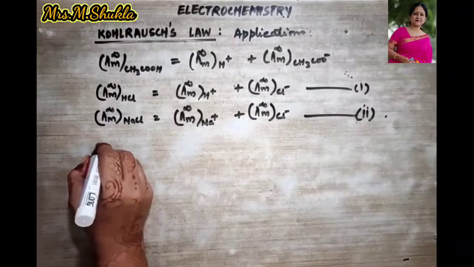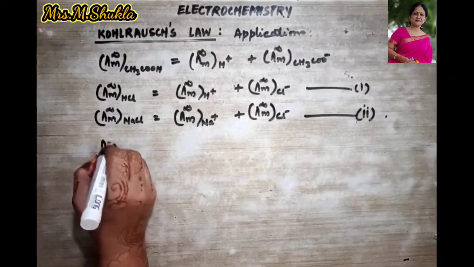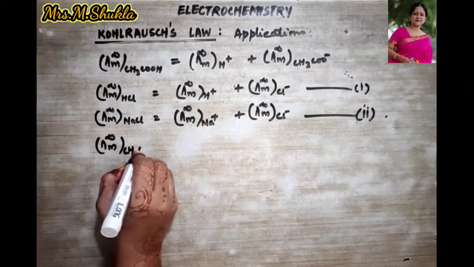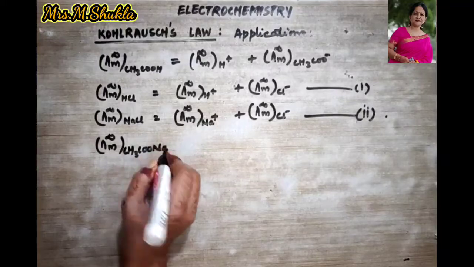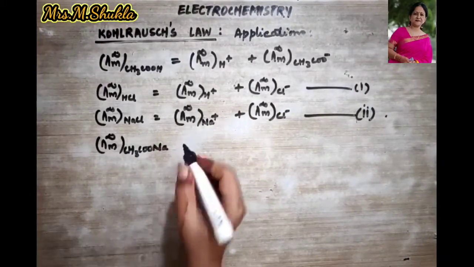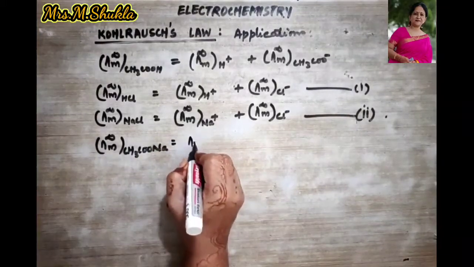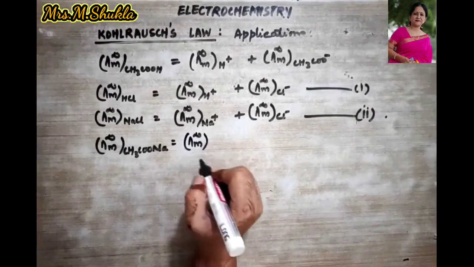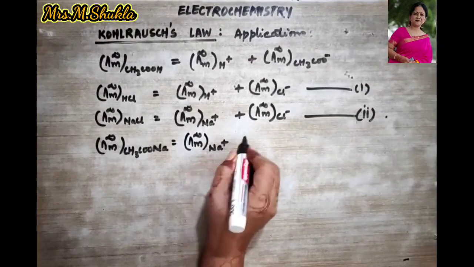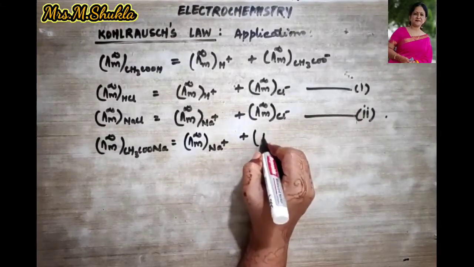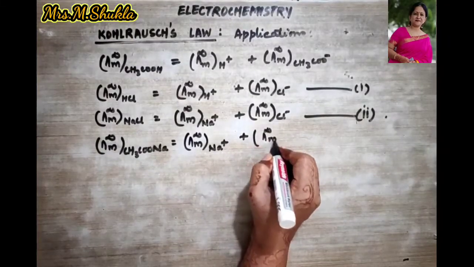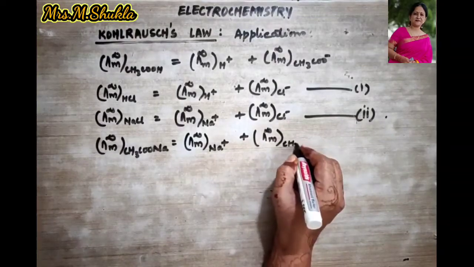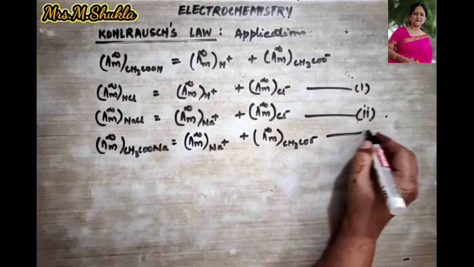Then the third was given to you. Which electrolyte was given to you? Over here it was sodium acetate, CH3COONa. This is going to give us the molar conductivity of which ion? The positive ion is your Na plus, and the negative ion molar conductivity in its infinite dilution is your CH3COO minus.